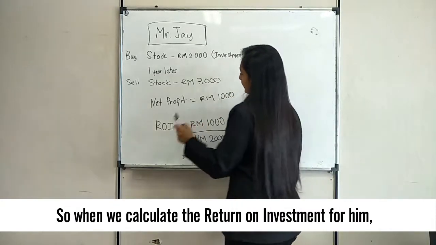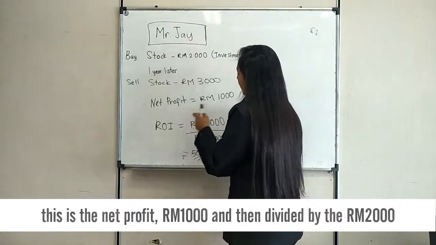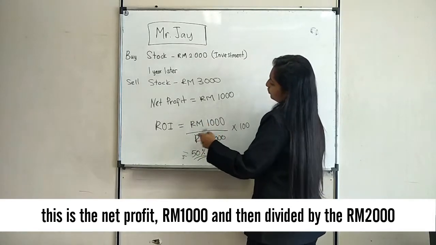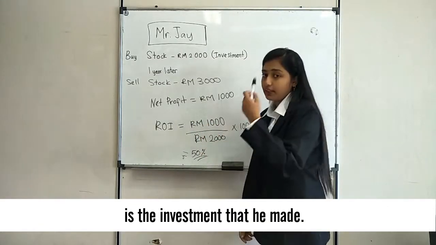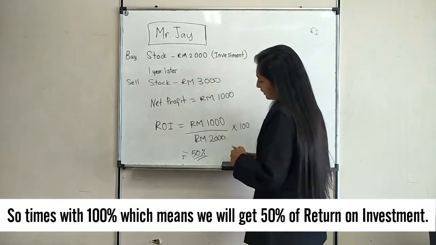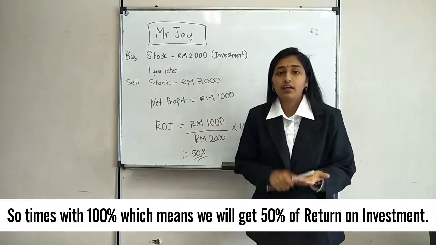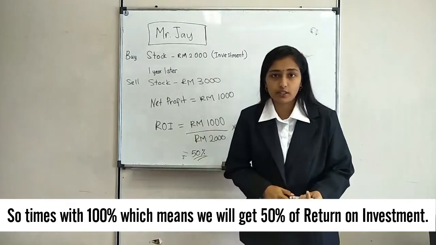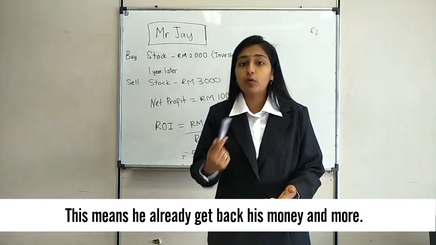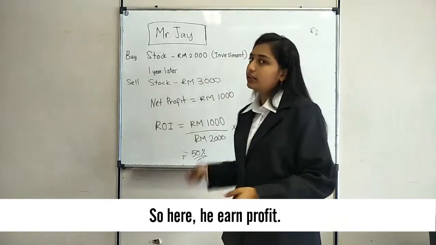So when we calculate the return on investment for him, the net profit 1000 is divided by the 2000 investment that he made, times 100%, which means we will get 50% return on investment. This means he already got back his money and more. So here he earned profit.